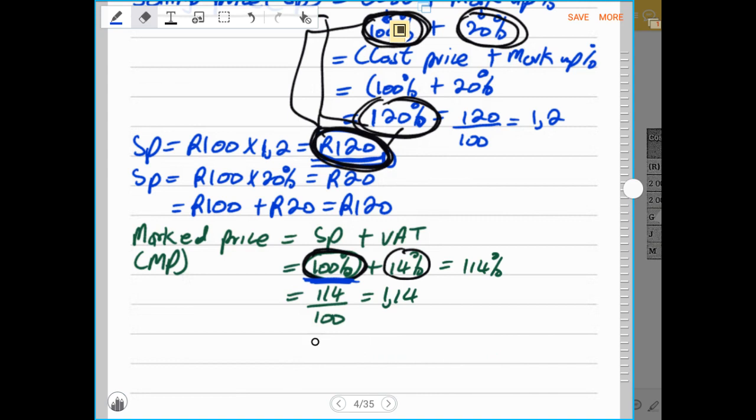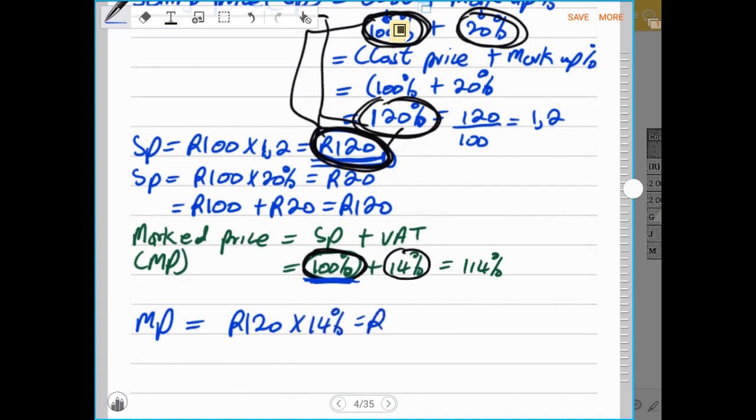At the same time, if you want to calculate this marked price, which is this MP, you could have also said that the selling price is 120, and we know that selling price is before VAT was added. Then after we say times by 14%, and if we multiply this by 14%, it will give us 16 rand 80 cents, and that 16 rand 80 cents is the amount of VAT separately.